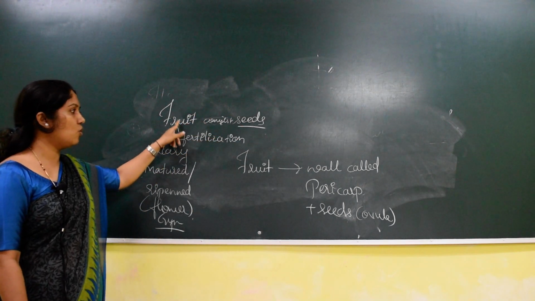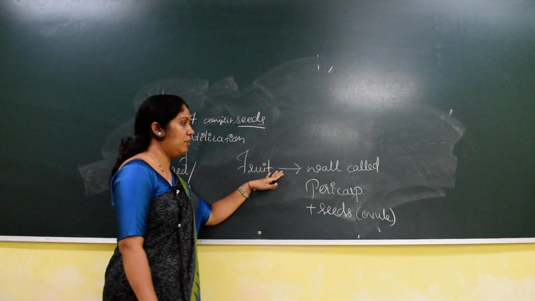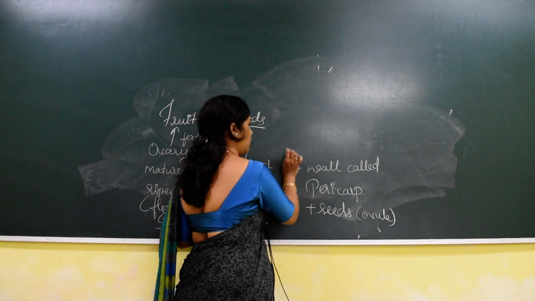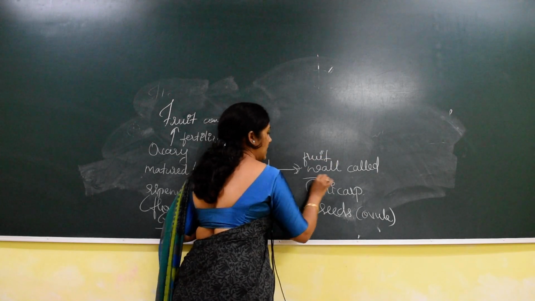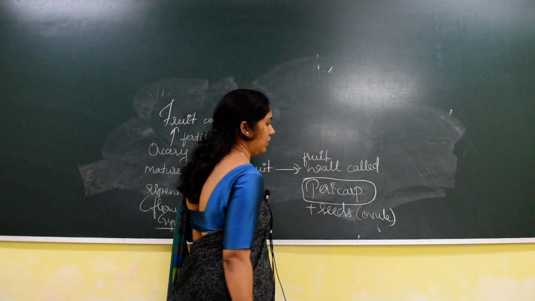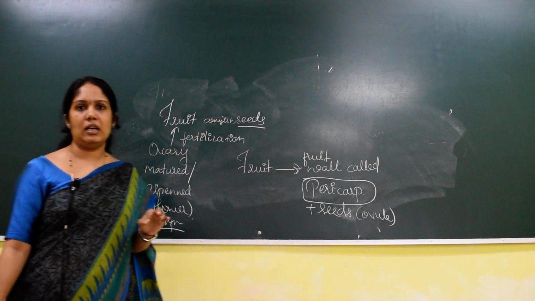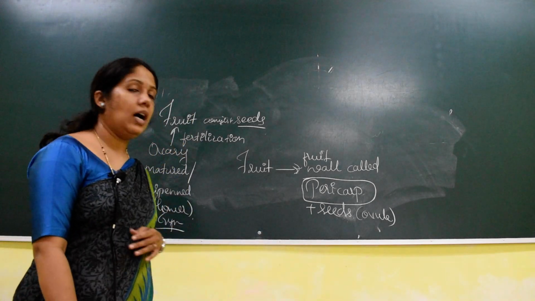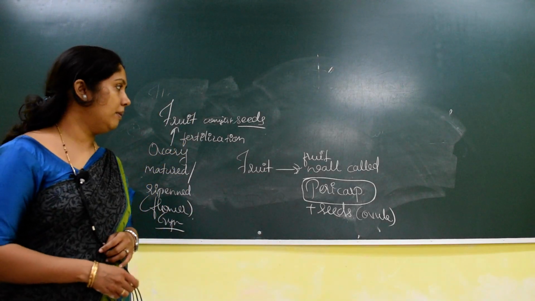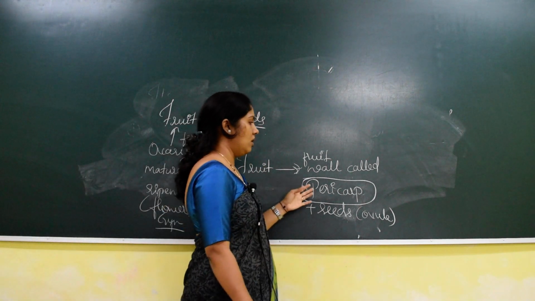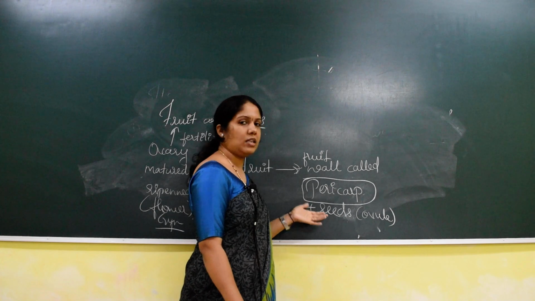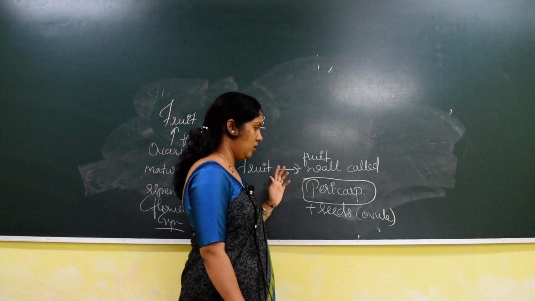The fruit is made up of a fruit wall called the pericarp. Very important word, pericarp, P-E-R-I-C-A-R-P. The pericarp along with the seed together forms a fruit.